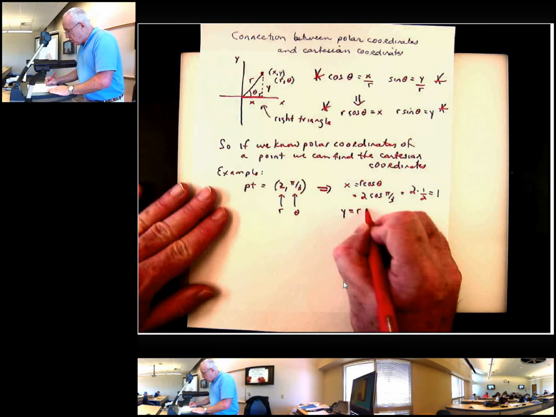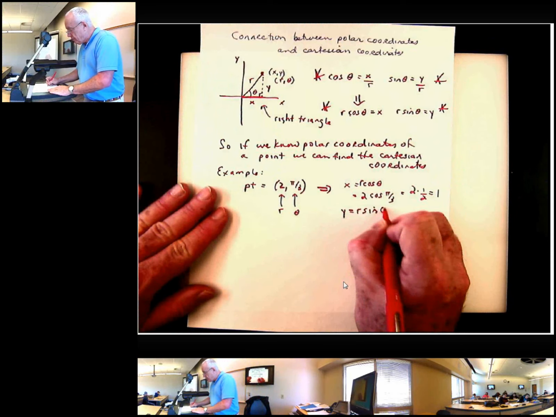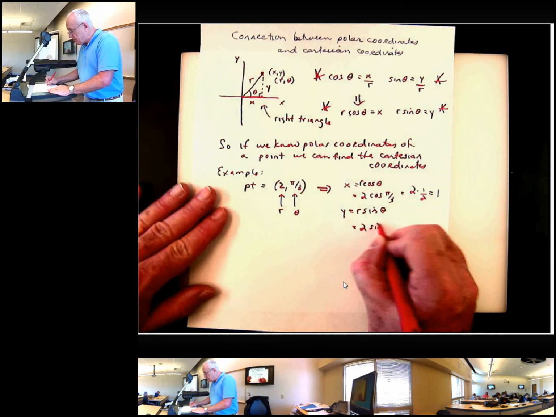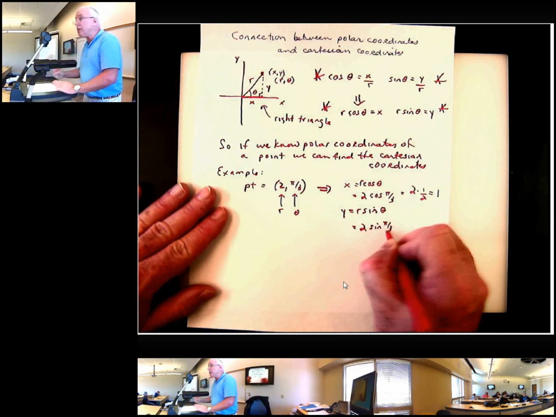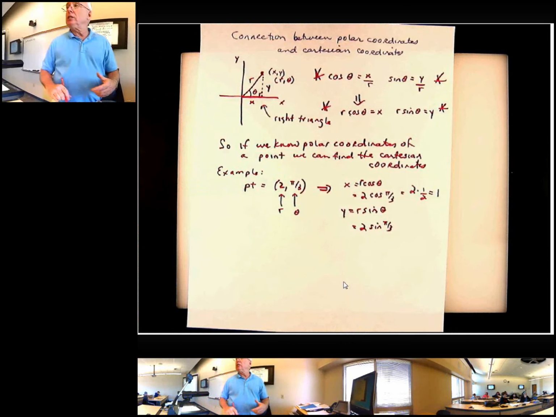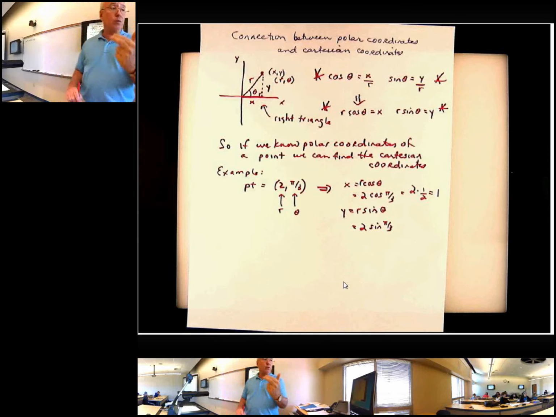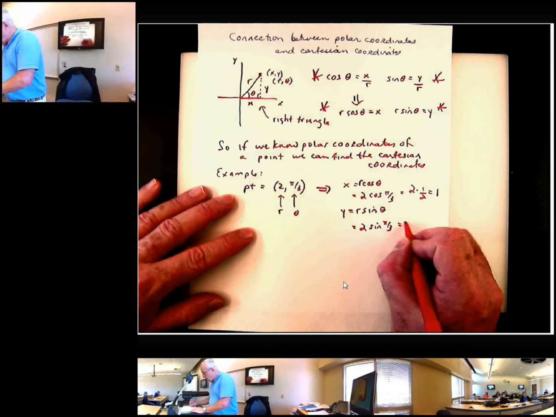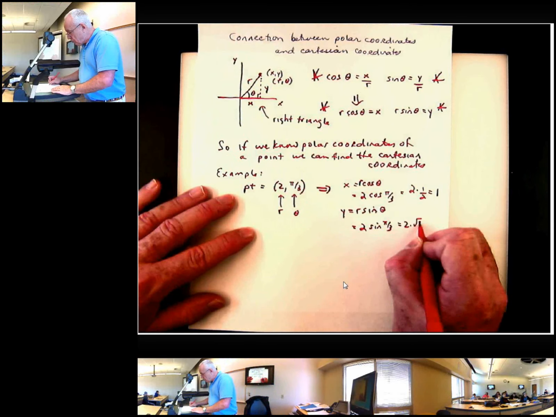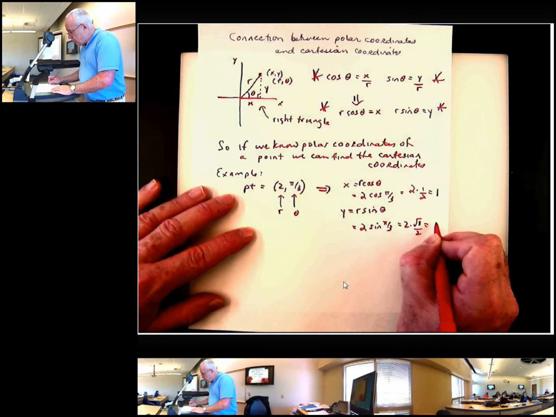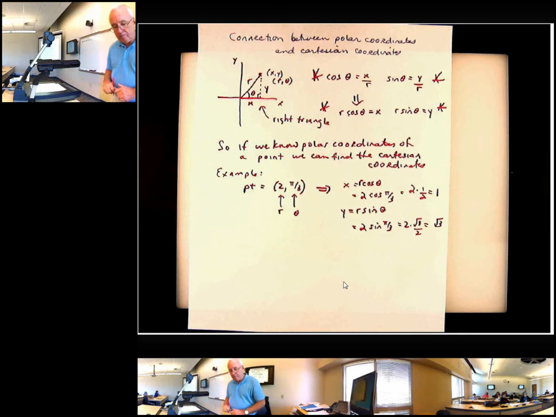Y is equal to r sine of theta, so that's going to be 2 times the sine of pi over 3. Sine of 60 degrees is the square root of 3 over 2. 2 times the square root of 3 over 2 is equal to the square root of 3.